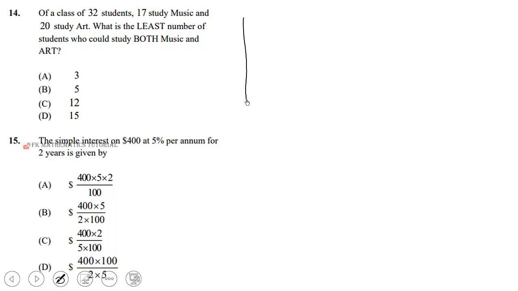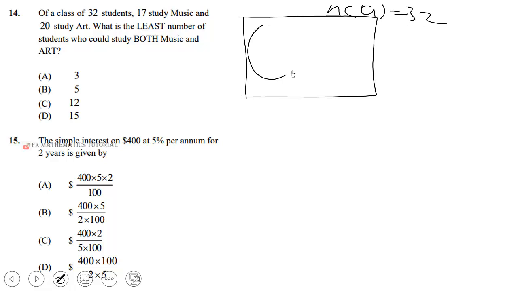So we have the Venn diagram that can be drawn like this. The universal set is 32. Music is 17 and art is 20.